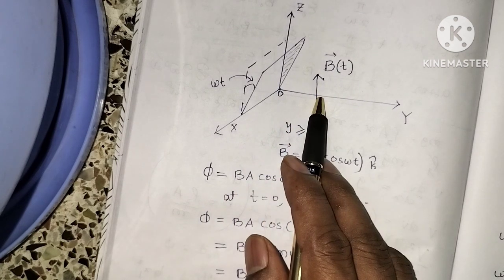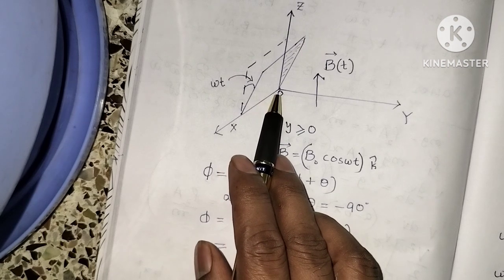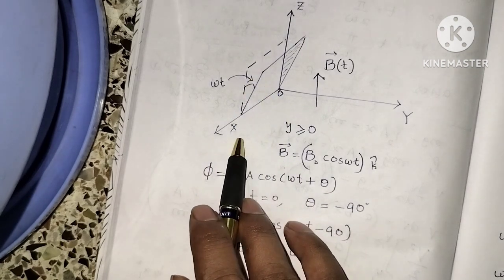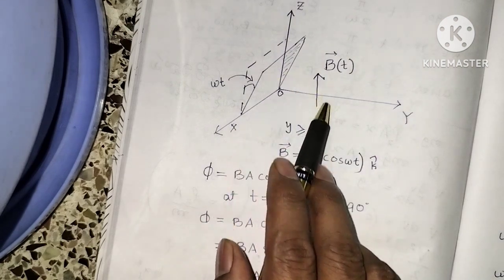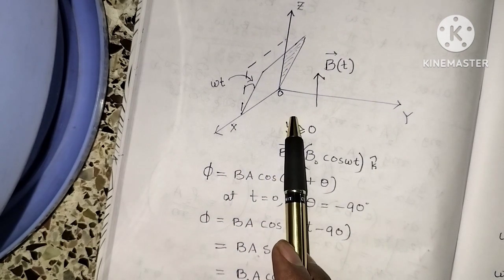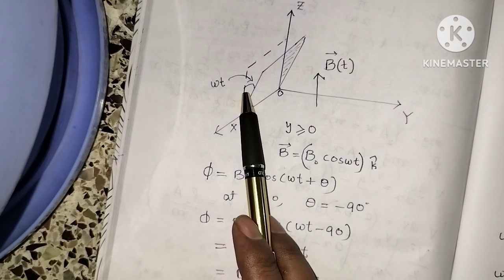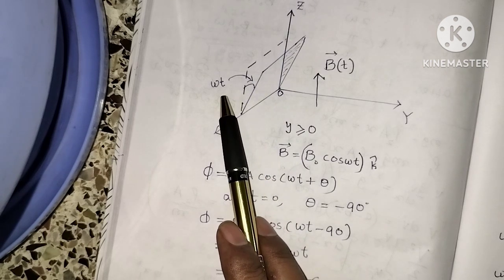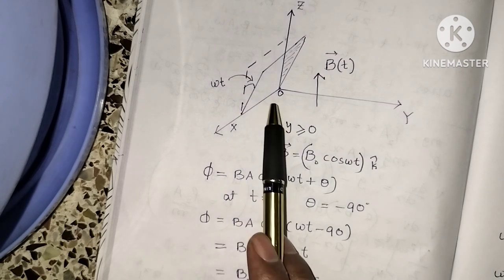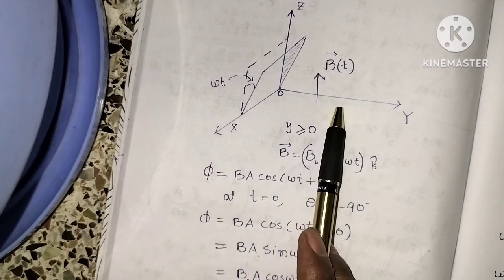So the magnetic field exists only in this region. If it is rotating from 0 degrees to 180 degrees, it will be in the magnetic field. So for omega t from 0 to 180 degrees only, this loop is inside the magnetic field.